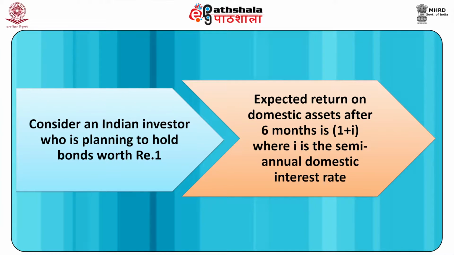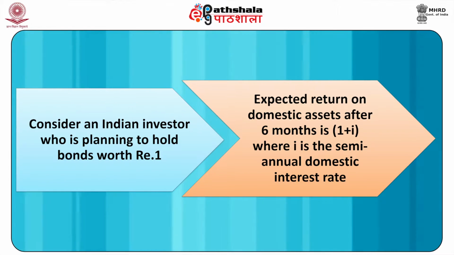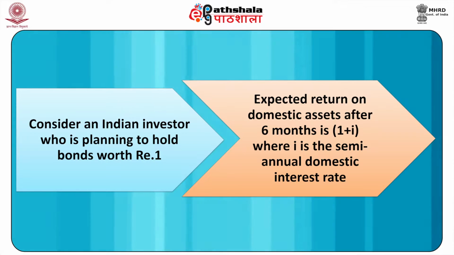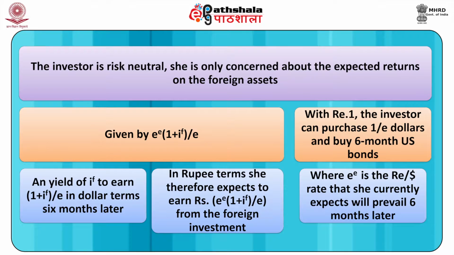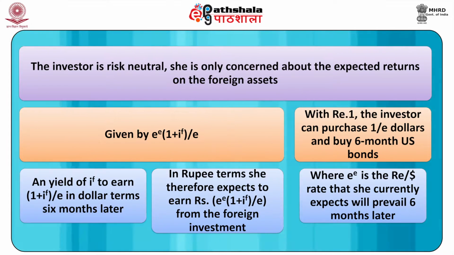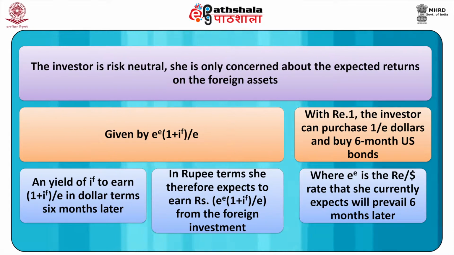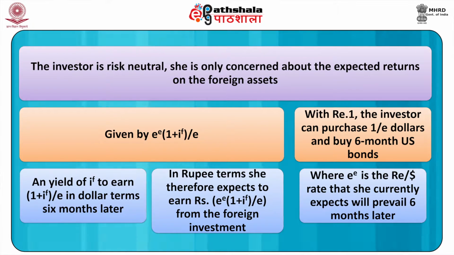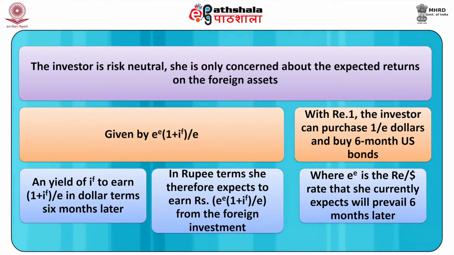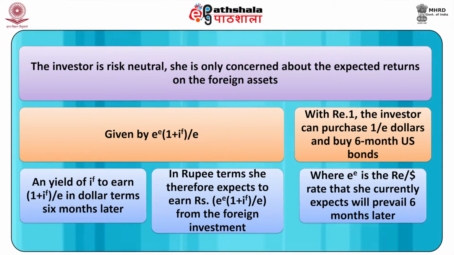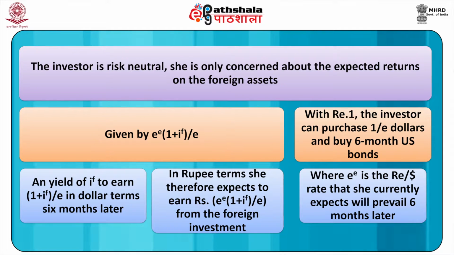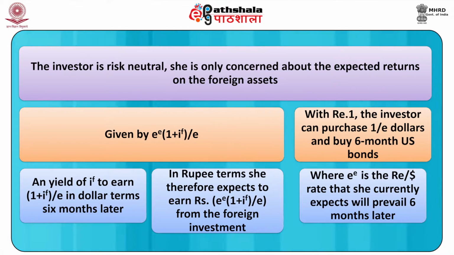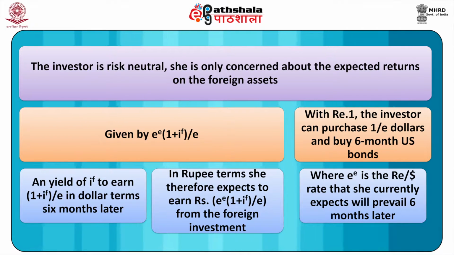The expected return on the domestic asset after 6 months is 1 plus i, where i is the semi-annual domestic interest rate. Since the investor is risk neutral, she is only concerned about the expected returns on the foreign asset. This is given by e raised to power e within bracket 1 plus i raised to power f, divided by e. With 1 rupee, the investor can purchase 1 by e dollars and buy a 6 month US bond with a yield of i raised to power f to earn 1 plus i raised to power f, divided by e, in dollar terms 6 months later.